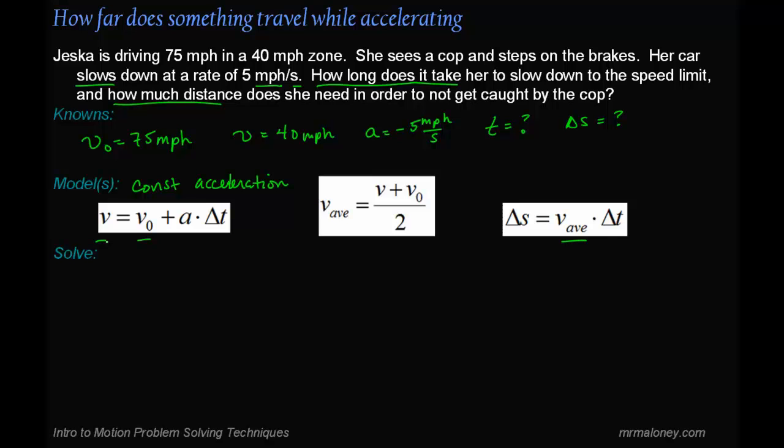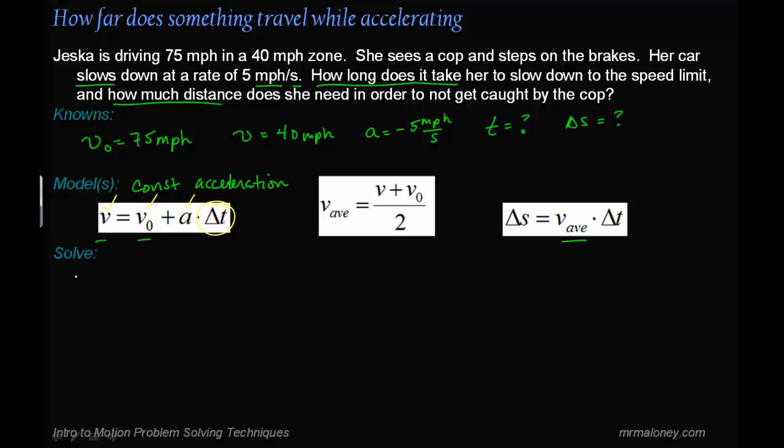So let's start by getting her the time she needs to slow down. We can use our first model. So in our first model, we know her final velocity. We know what her initial velocity is. We know what the acceleration is. We're just looking for the time, so we should be able to solve it.